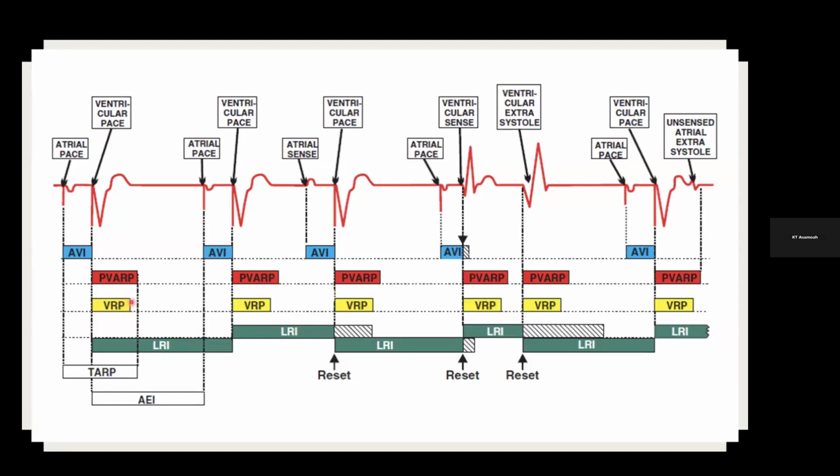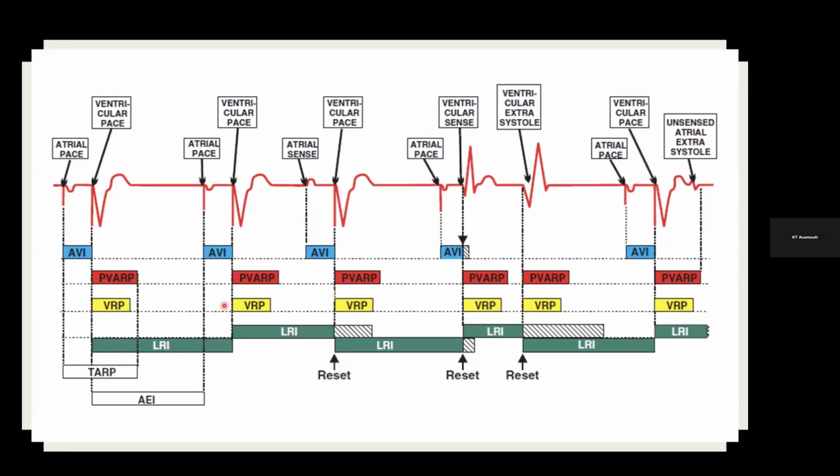From the end of the ventricular refractory period up until this point is where the ventricular lead can see. So if a ventricular complex is sensed within this period, it will reset the timer. However, if not, then it's going to go all the way to the end of the lower rate interval before it fires.